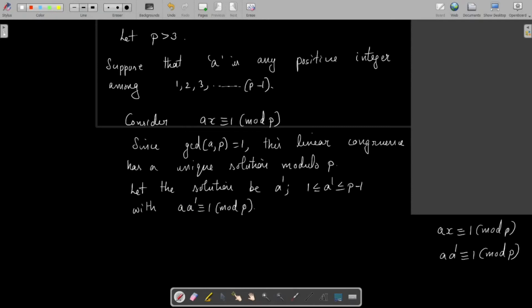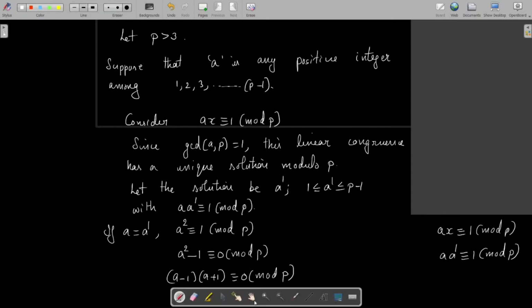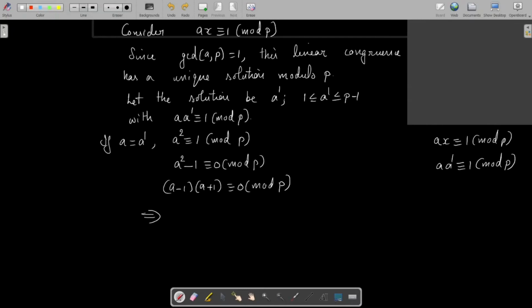So what happens when A equal to A dash? Then we have A square is congruent to 1 mod P. In the case if A equal to A dash, or we can write A square minus 1 is congruent to 0 mod P, or A minus 1 into A plus 1 is congruent to 0 mod P. So this means that A minus 1 into A plus 1 is a multiple of P. That is, P divides A minus 1, or P divides A plus 1.